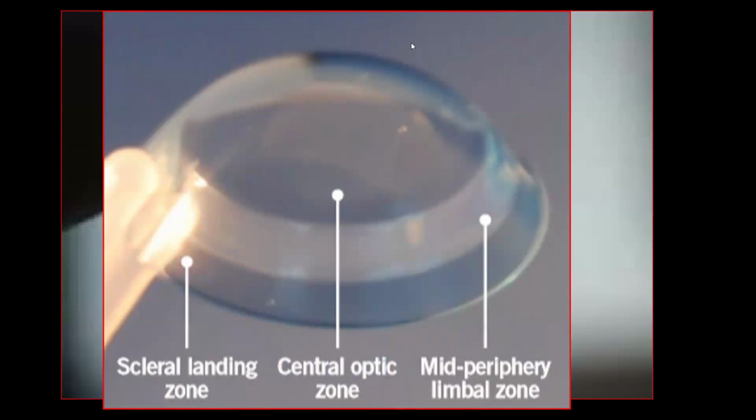And the good thing about scleral contact lenses is you have a huge optic zone that the eyes can play around with. So you can look around and have quality vision that you can't get in the conventional RGP. So this is the limbus. That's the central. This is the mid-peripheral, which is the limbal zone. Of course, the landing zone is the scleral zone, which we also call the haptic zone of the scleral contact lens.